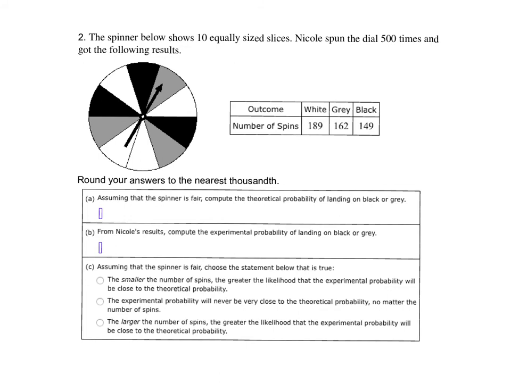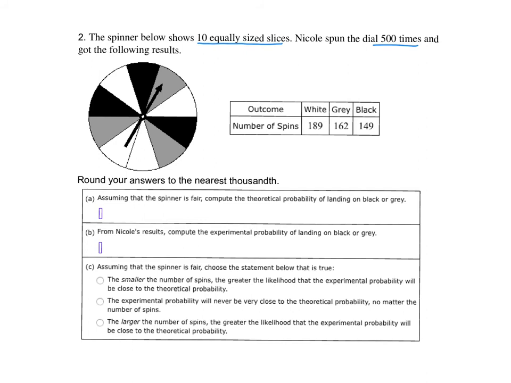So we're going to do, again, theoretical and experimental probability. You got 10 slices and spun the dial 500 times. So you got white 189 times, gray 162, black 149 times.